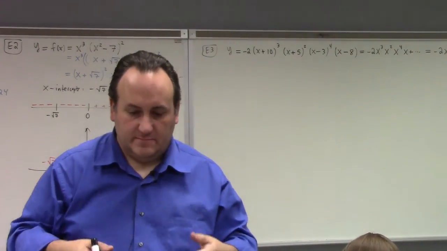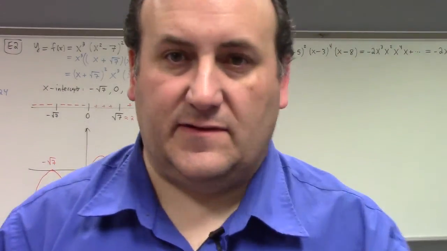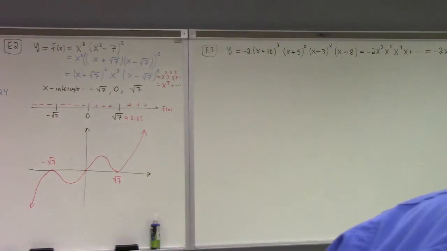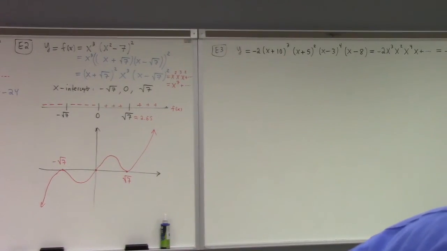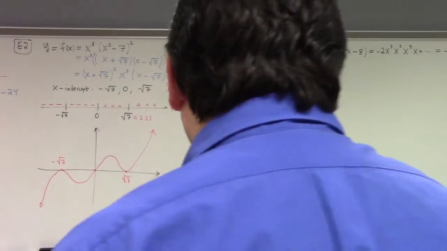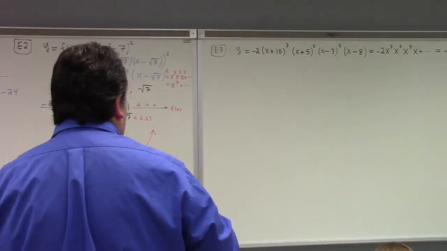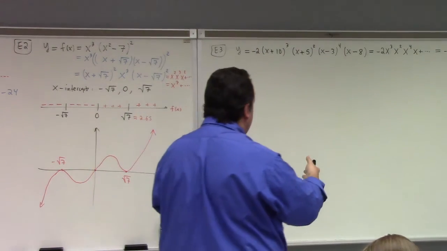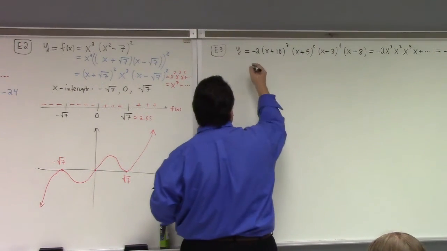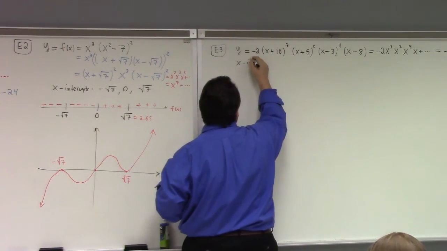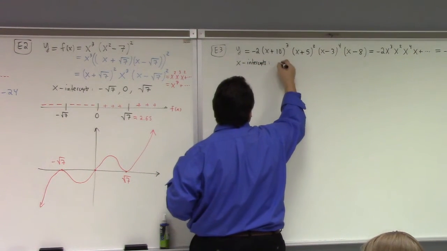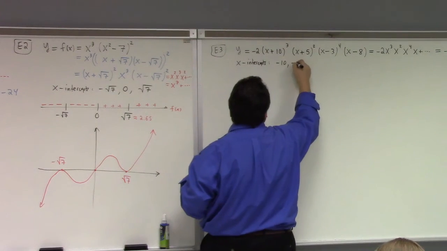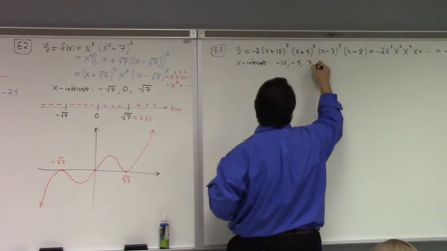Now this one is easier than the other one we did, because there's no factoring to do here, right? It's already factored for us. So we can go straight to the x-intercepts. What are they? We've got minus 10, minus 5, 3, and 8.